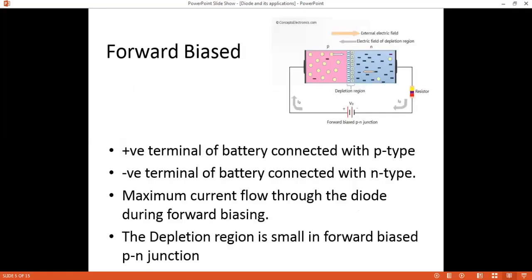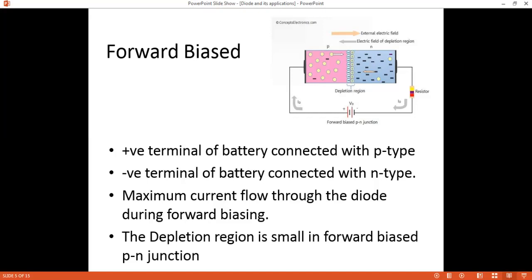Next, what is the forward bias voltage? In this circuit diagram, we have P-type material and N-type material. P-type material carries positive, N-type carries negative. The P-type consists of holes, and the N-type consists of electrons.